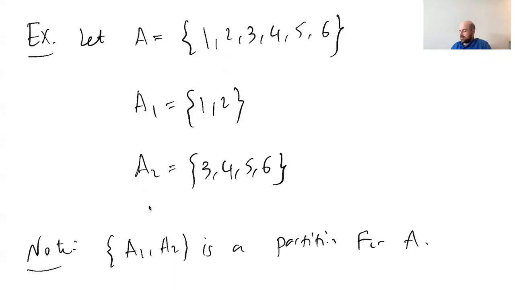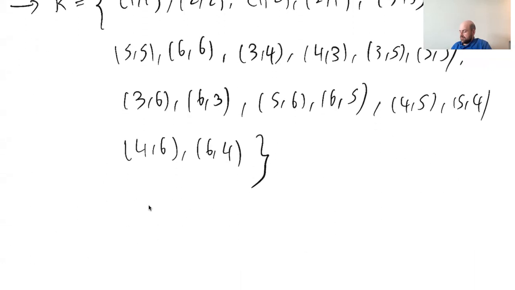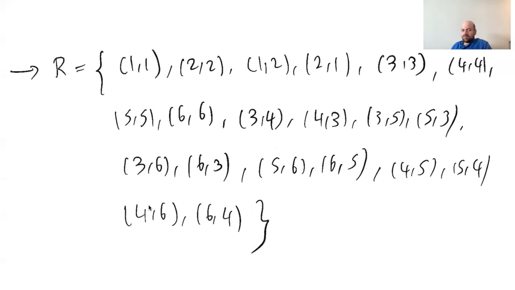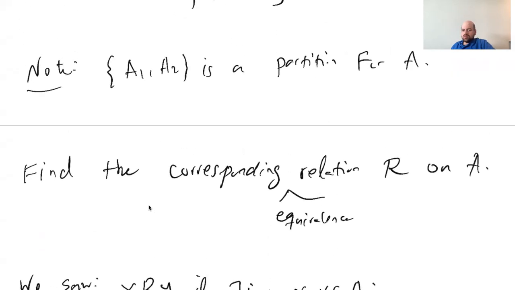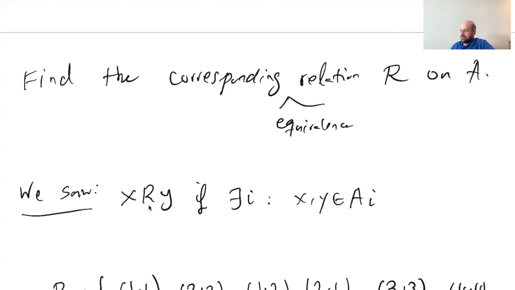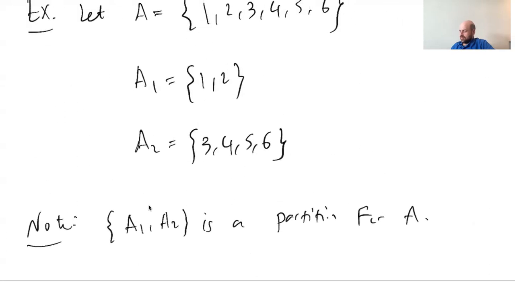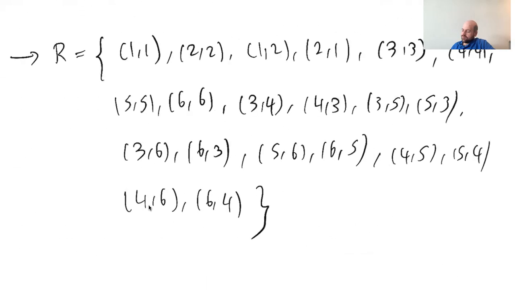So 2 and 3 is not in R. We don't have 2 and 3 here because 2 and 3 are in different capital Ai's. 2 is in capital A1 and 3 is in capital A2. But for the rest, for example, 3 and 4 are both in capital A2, therefore we have 3 and 4 and 4 and 3. Or 3 and 5 both in capital A2, so therefore we have 3 and 5 and 5 and 3, and so on.